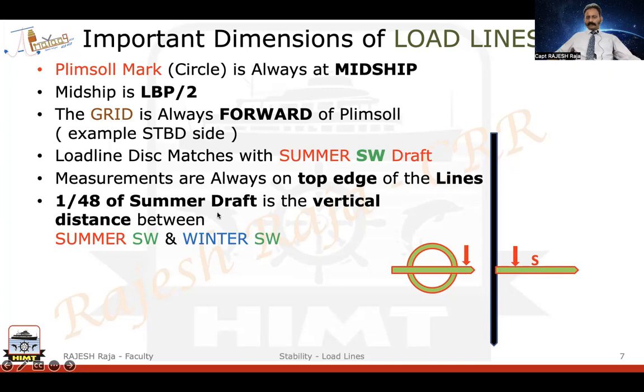1/48 of this summer draft is going to be the vertical distance between your summer load line and winter load line. And both of them, I'm still talking about salt water. So I'm going to go down by 1/48. And I'm going to mark this as winter. Now, why should the winter be lesser than the summer?